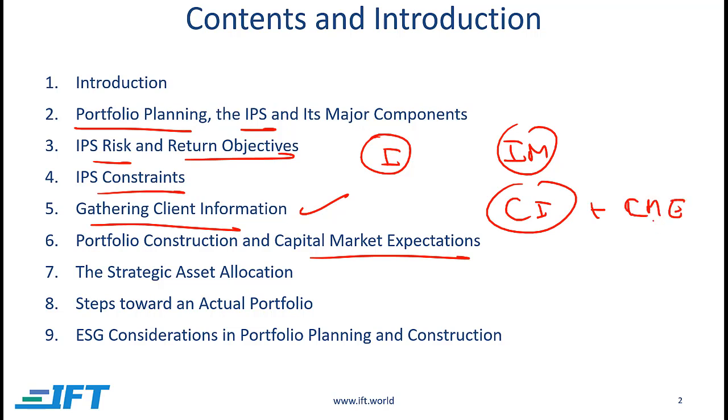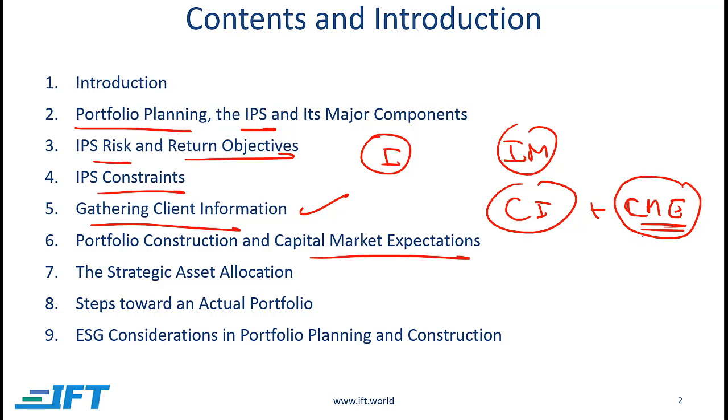Capital market expectations basically has to do with our expectations related to the stock market, the bond market, and other markets where we might be making investments. So we need to understand what the future holds for us. And obviously, these are just expectations because we don't know exactly what will happen in the future.